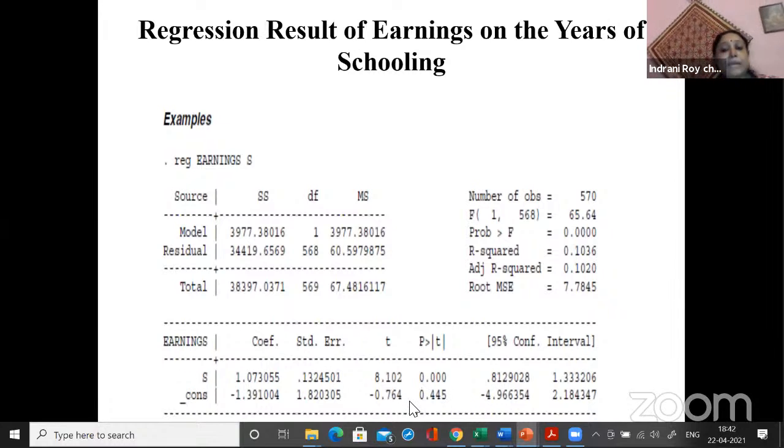Okay, so ideally your p-value should be less than 0.05, that means less than 5%. P less than alpha actually establishes the statistical significance. So you can check from the p value itself.